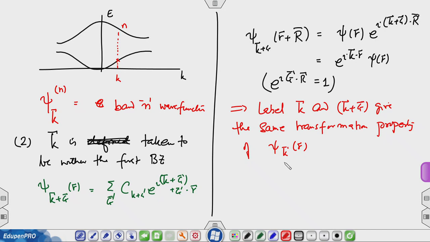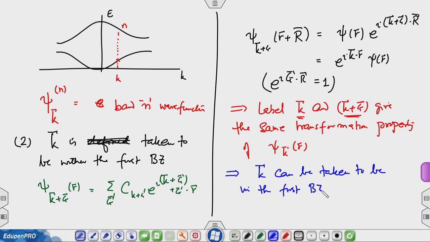So, I can restrict myself to the first Bloch zone in taking k, and this also implies therefore that k can be taken to be in the first Bloch zone.